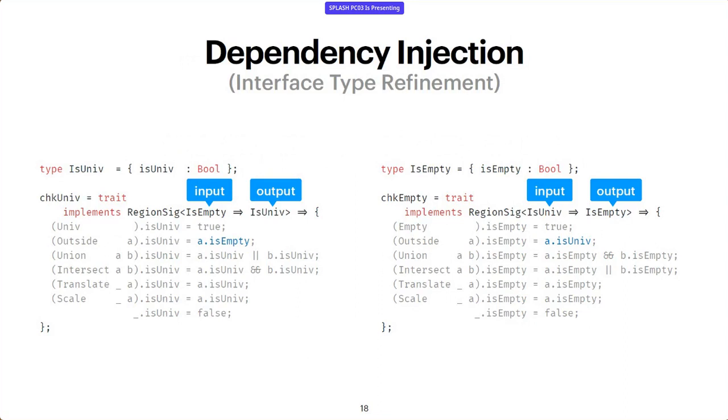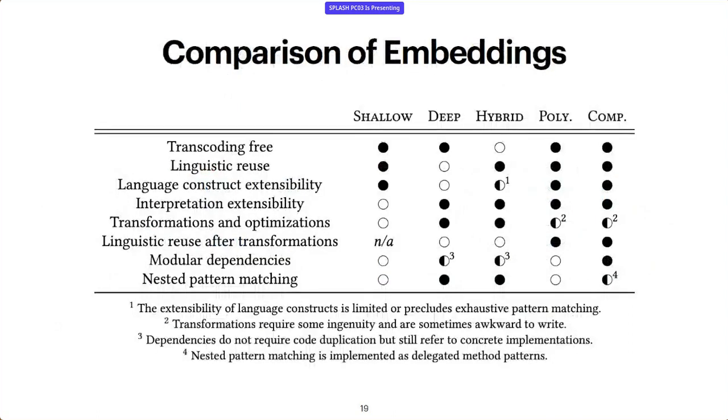And the static type checker of CP will later check if this trait checkUnif is later merged with another trait implementing the isEmpty. Actually, that trait is just checkEmpty, right? We will later merge it, but hold on, let's explain it a little bit more. And we can see that the isEmpty and isUnif can call each other, and it's our way to implement mutual recursion here, and that's totally type safe.